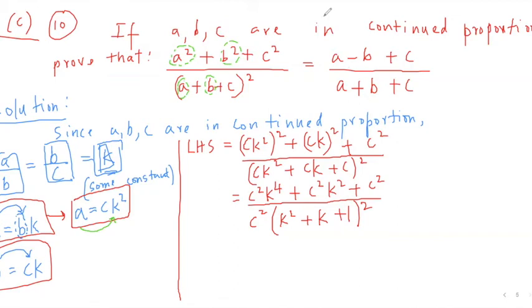This step, is it clear to you, Anaria? Yes, sir. How we took the C squared out? Yes, sir. So in a way, all these terms have C squared because of this. So that's how we were able to take out the C squared. Just have a look and let me know if this is okay. Yes, sir. It's okay.